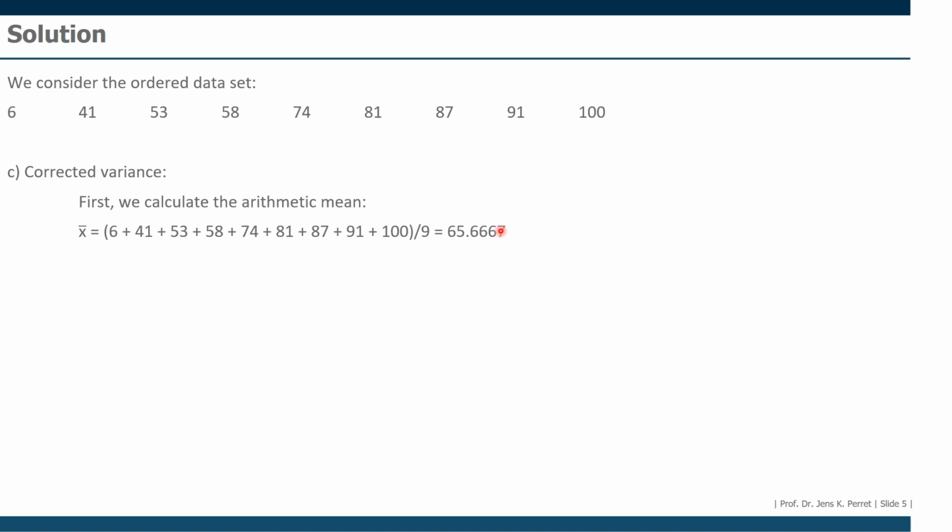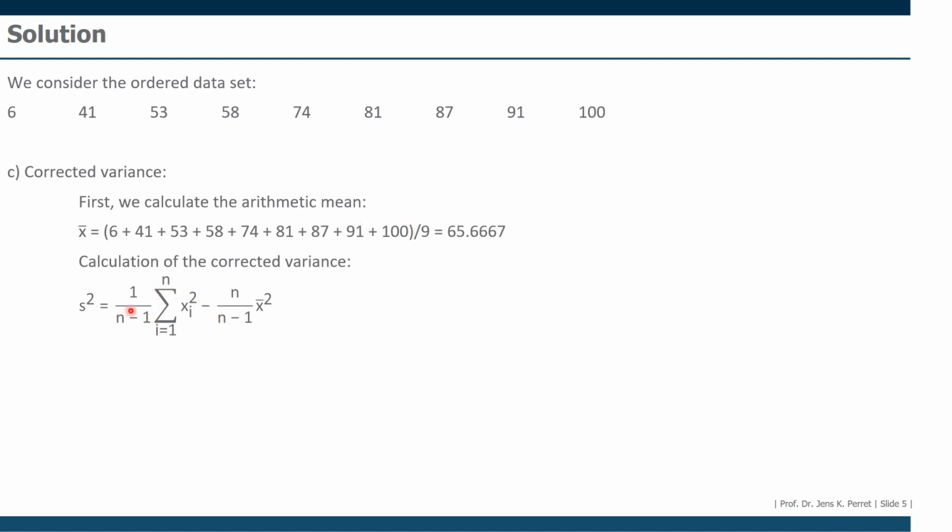This I'm going to use in the real calculation of the variance, for which I'm going to use this formula. The first part is actually similar to the arithmetic mean. I have here this sum, which just describes that I'm going to add up again all observations, but now I'm using the squared observations.